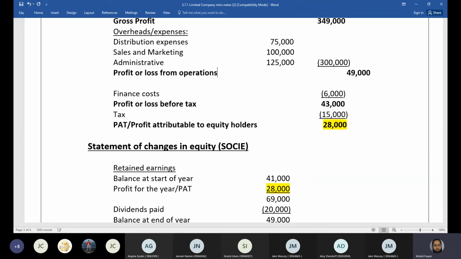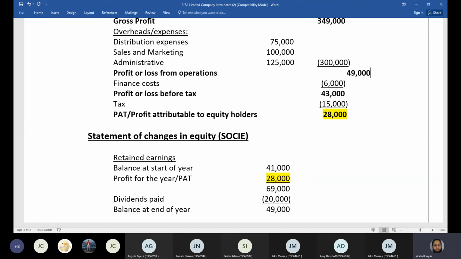Let's be very specific. Even if in the mark schemes it's saying just profit for the year, you will not get penalised if you put profit after tax. And that way, if you remember it like that, you'll be picking out the right figure. Otherwise, you might get mixed up. And that's what the examiners try to do, of course. Okay, so sum total of those, 41 plus 28 gives you 69.